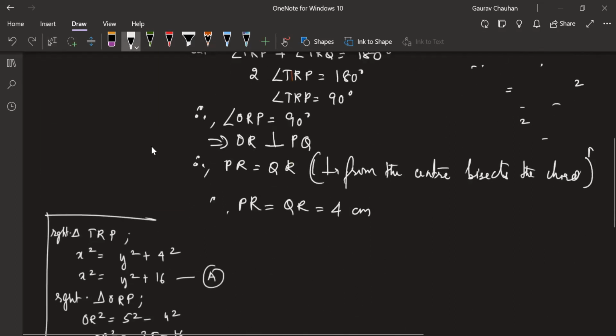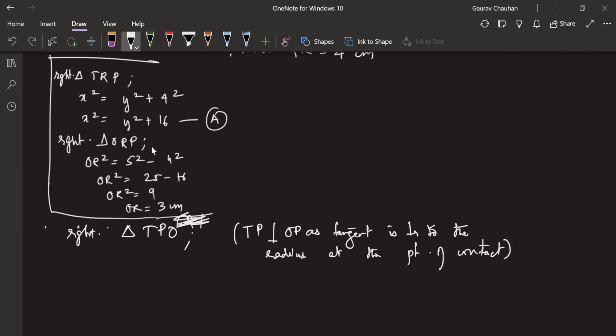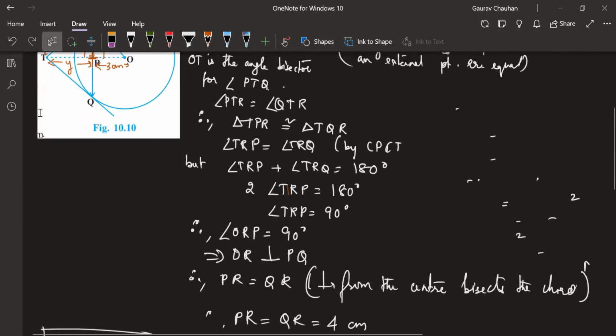Because TP is perpendicular to OP, as the tangent is perpendicular to the radius at the point of contact. This is the theorem of this chapter in 10th grade. So tangent is perpendicular to the radius at the point of contact.